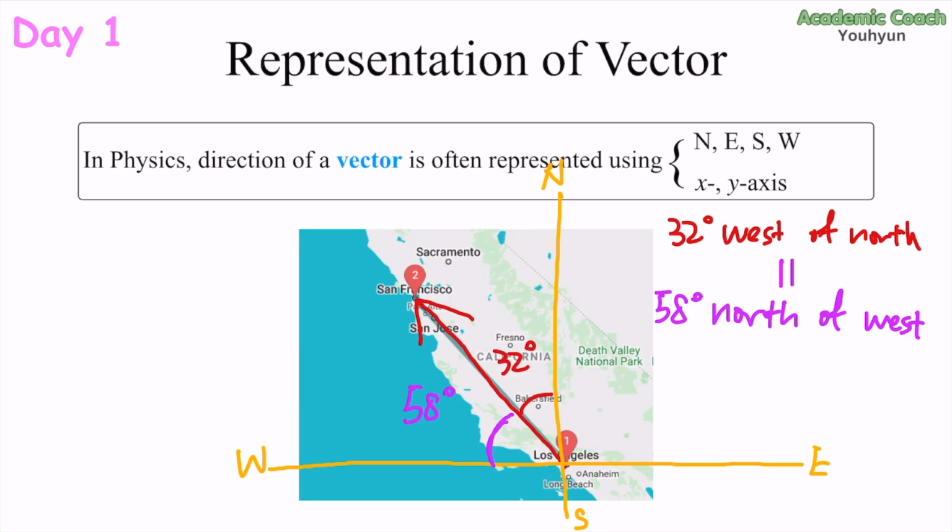Okay, this is how we refer to the direction of a vector in physics. We could also use x-axis or y-axis. Usually we take the horizontal line as x-axis and then we take the right side as positive.